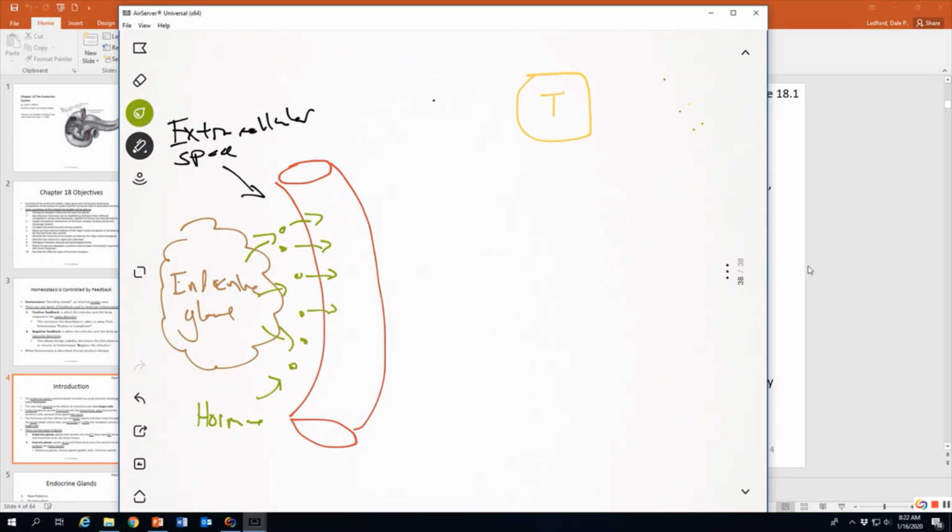You'll then have these hormones in the blood, and the blood will carry that hormone to the target cell. That target cell will have a receptor for that hormone on it, and that hormone will bind to the receptor. This target cell can now be either stimulated or inhibited based on the hormone that arrives there.